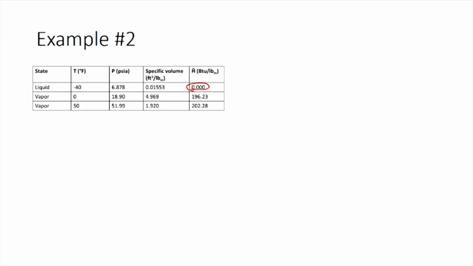This implies that the specific enthalpy value entered here is relative to the reference state and that value is 0, implying this would be the reference state. So, therefore, the reference state for this problem would be liquid at minus 40 degree Fahrenheit and 6.878 psia. So, this identifies the first problem.